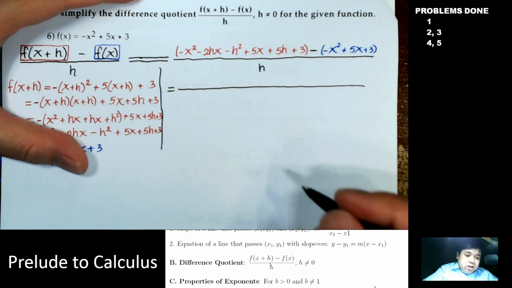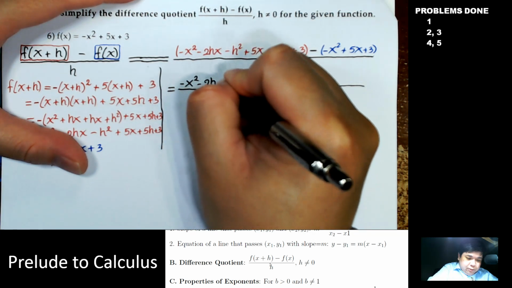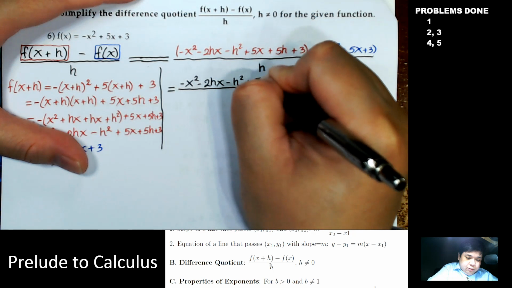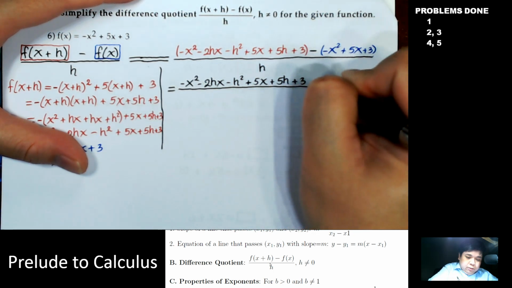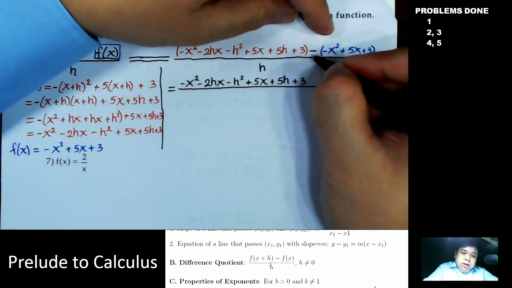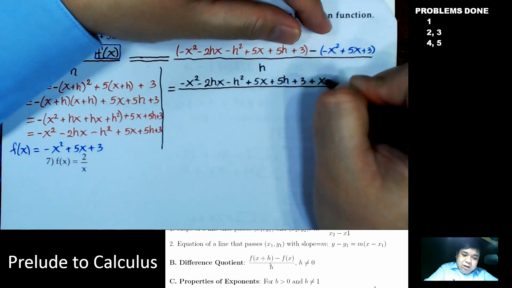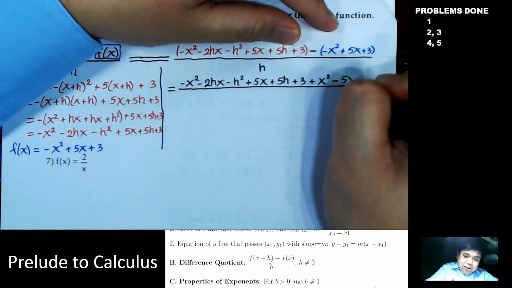Now remove the parentheses. Minus the negative, that turned into a plus, minus, and minus.